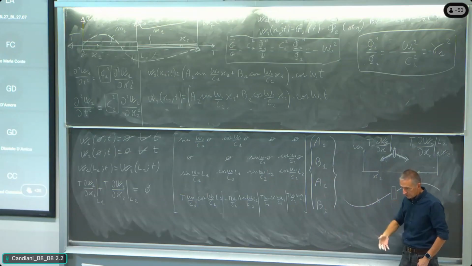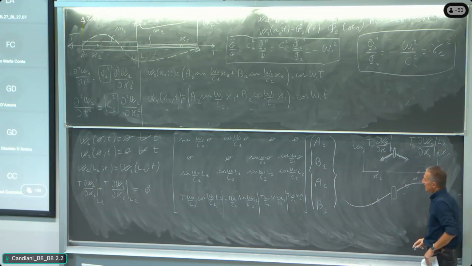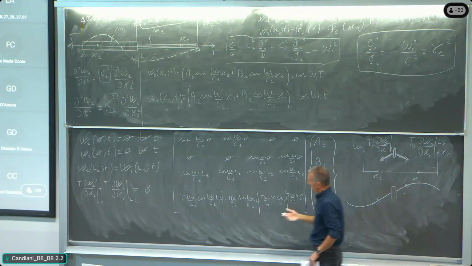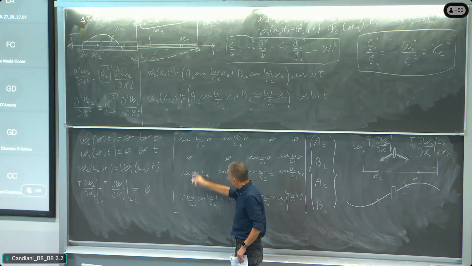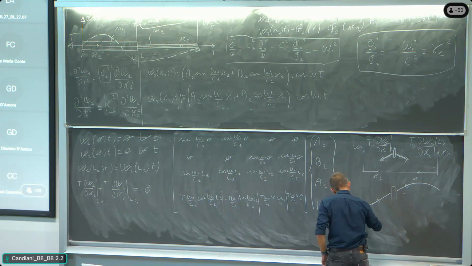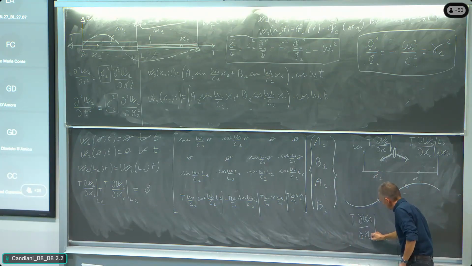Derivative, so the boundary connection of this boundary connection here. So we must make the derivative. So the derivative is cosine, but I have to multiply by tension, so I have to say T dw/dx calculated at L1.